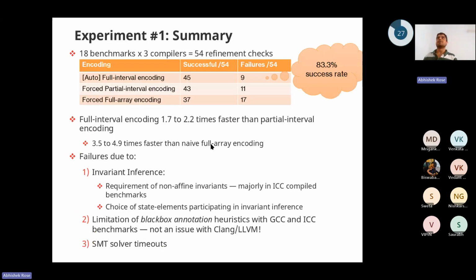Of these benchmarks, we have a success rate of 83%. I would say that is quite a good success rate for compilations performed by industrial strength compilers at O3 optimization level.